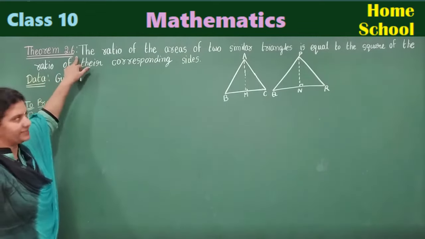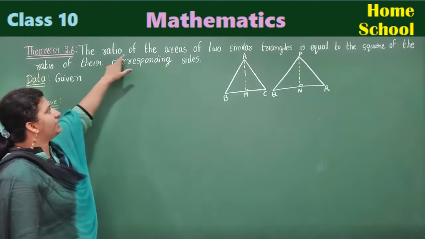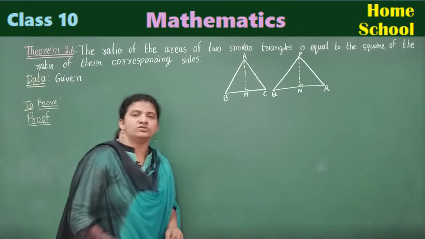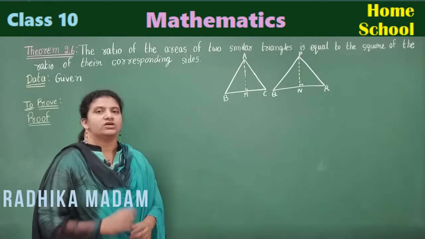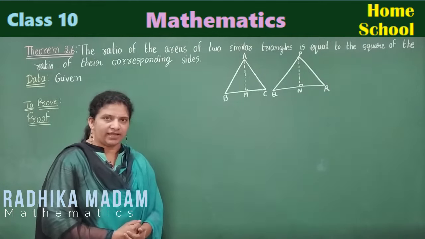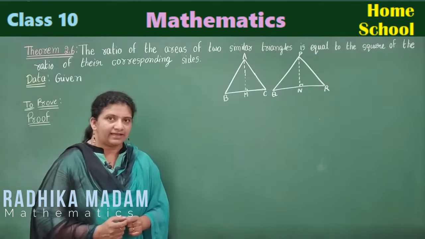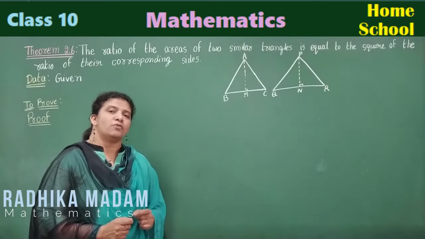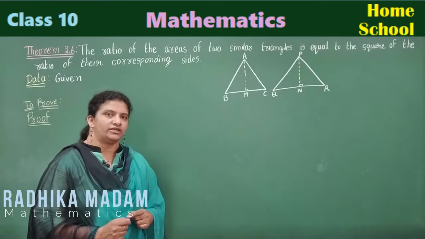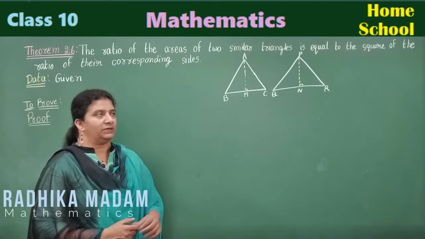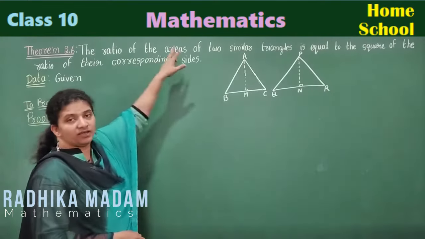Theorem 2.6. The ratio of the areas of two similar triangles. So children, tell me, what are similar triangles? When we say similar triangles, if their corresponding angles are equal and the corresponding ratios are in proportion, then we can say that the two triangles are similar. So what is your first statement here?